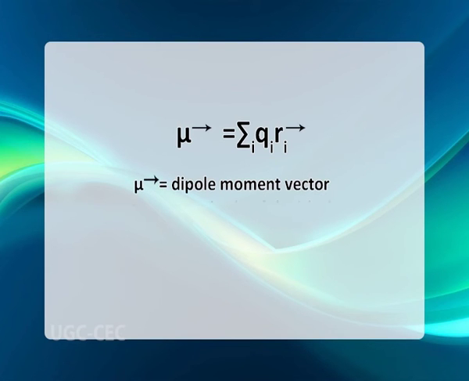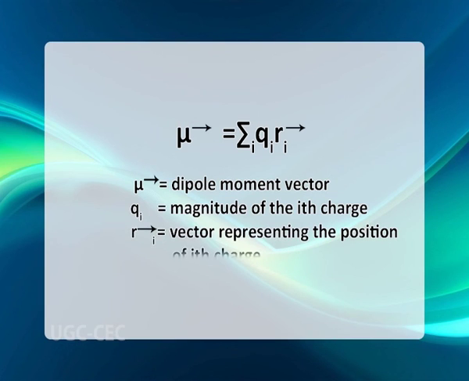The dipole moment of a molecule can be calculated by the equation mu, which is a vector quantity, equal to the summation of the product of q, that is charge, into the distance, where mu is the dipole moment vector, qi is the magnitude of the ith charge, and ri is the vector representing the position of the ith charge.